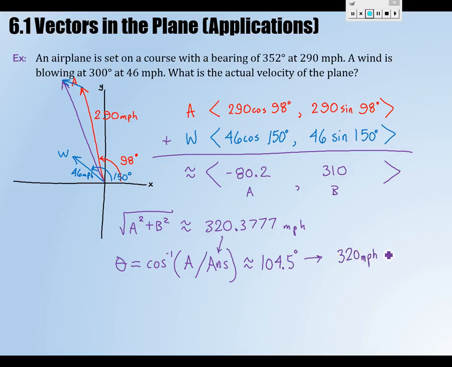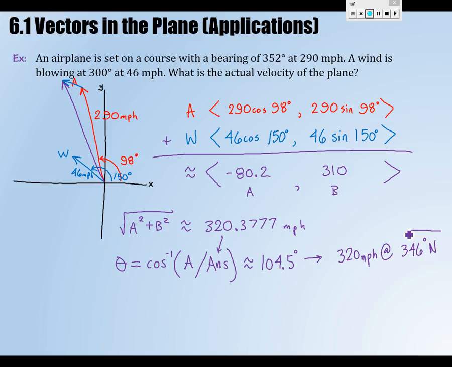Miles per hour at... I just figured things by accident. Shoot, where'd it go? Here we go, I'll just do it again. Cosine inverse alpha A divided by... Yeah, 346 approximately.